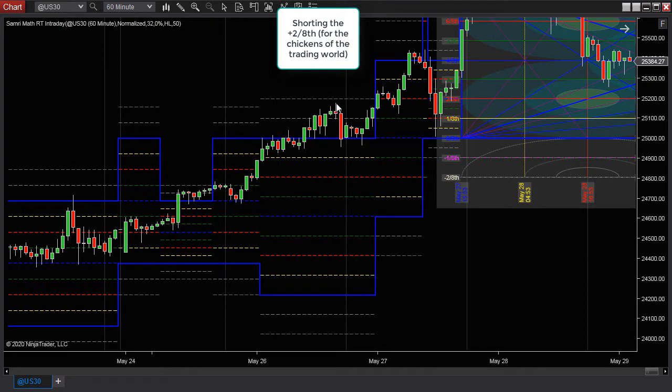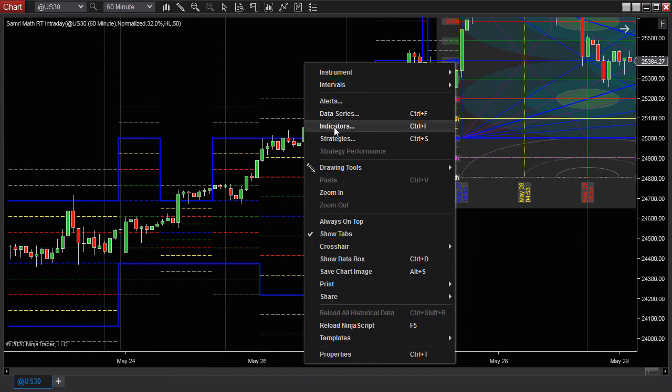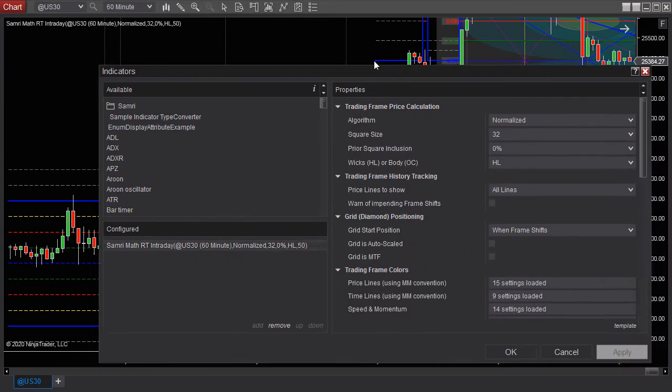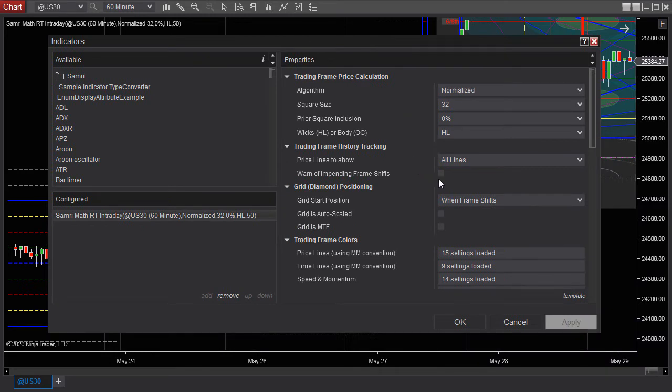But if we bust through the +2/8, a new frame is going to open, and it's going to hold me short. I'll be short as it continues to go up. So we want a warning of when a frame shift is likely to happen because of time decay, because we've exhausted the number of bars in our look back, in our trading square.